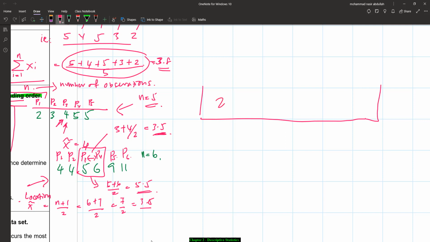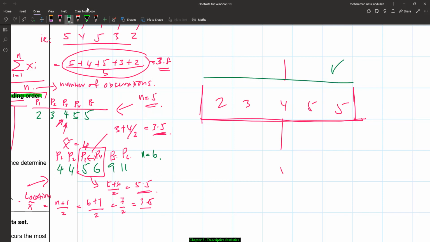Let's say this is 2, 3, 4, 5 and 5, and the median is 4. Let's assume the total number of values here is equal to 100%. The middle value here represents 50%.